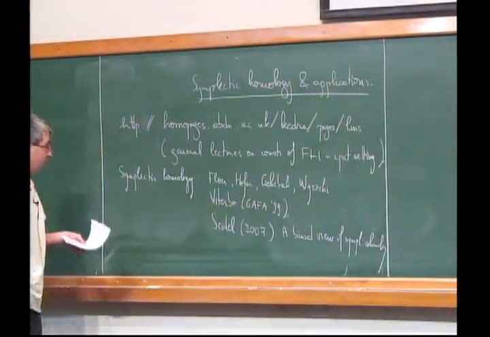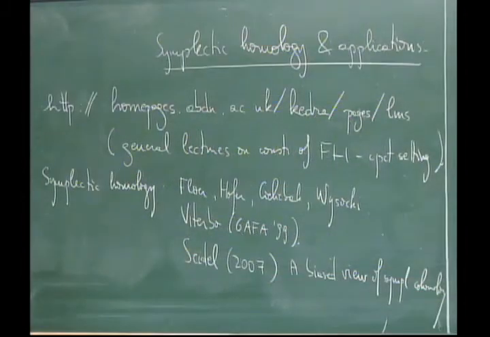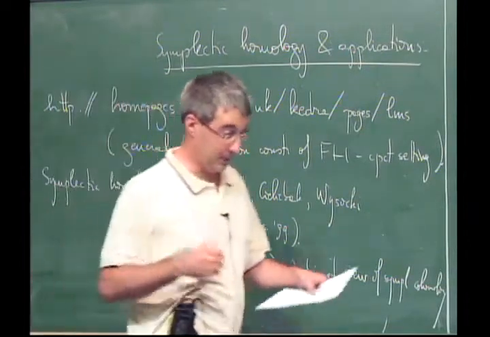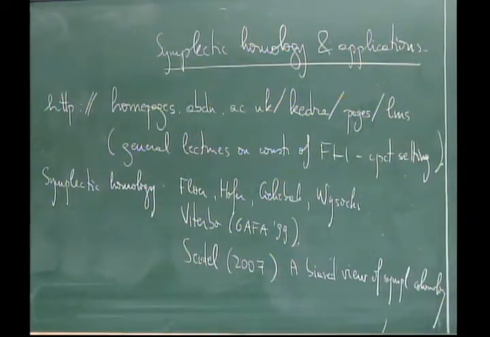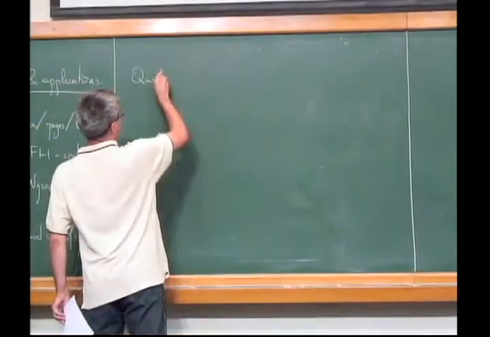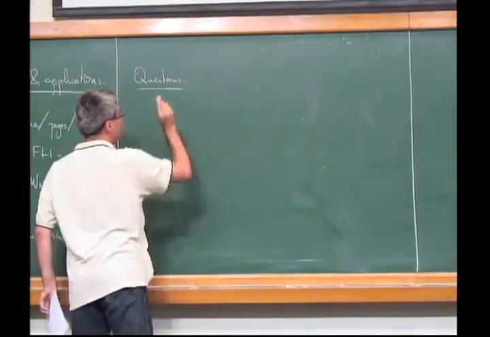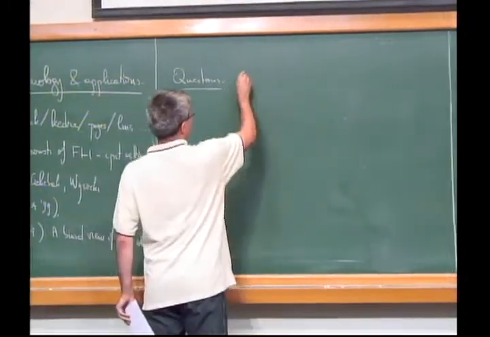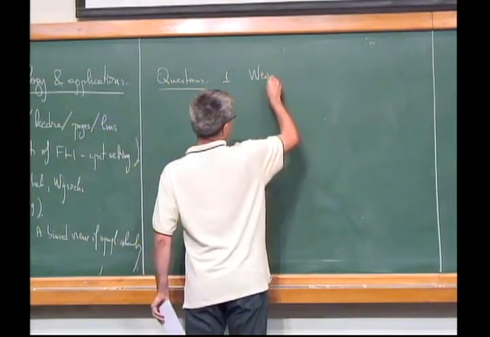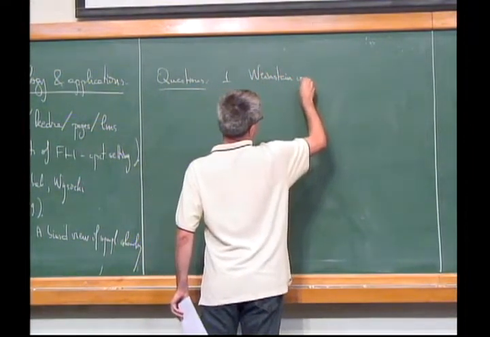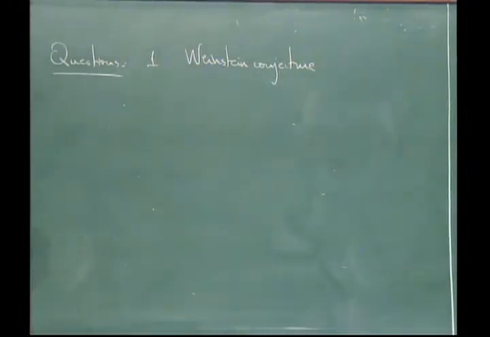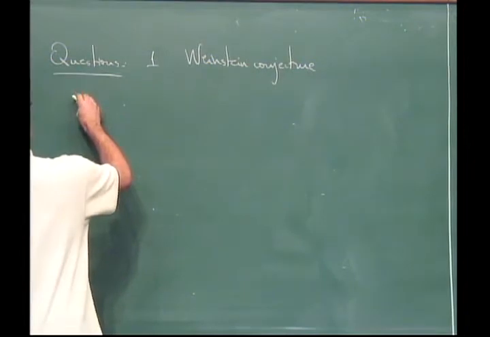Right. So there's other references, but whatever I'm going to say essentially builds on the work of these great guys. So I want to start with two driving questions. One is the reformulation of what's known as the Weinstein conjecture. And I'm going to state it as follows.